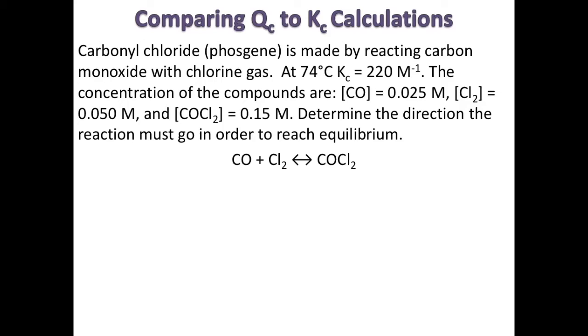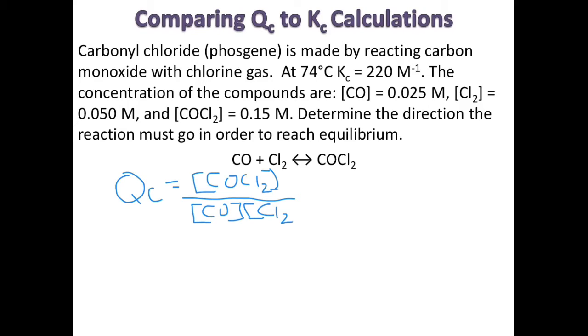So to do that, we need to write the reaction quotient, the Qc. So Qc is the concentration of the products, COCl2, divided by the concentration of the reactants, CO and Cl2. And then we have to put their numbers in there.